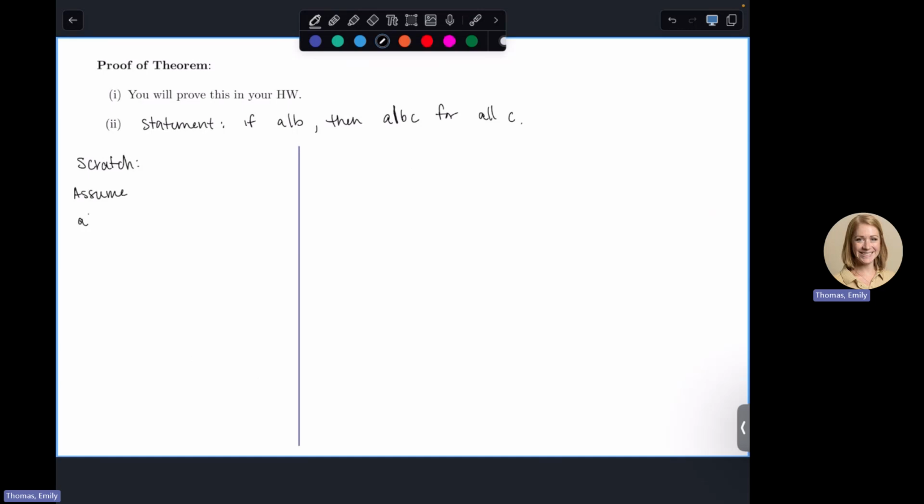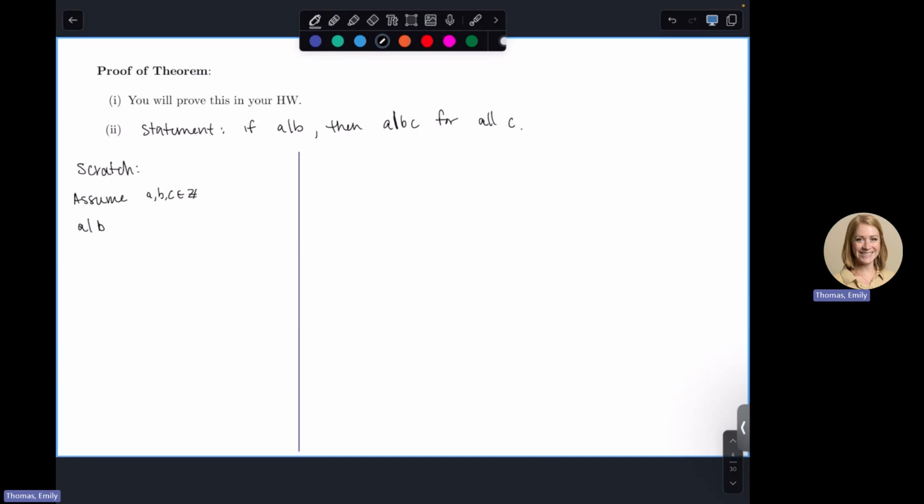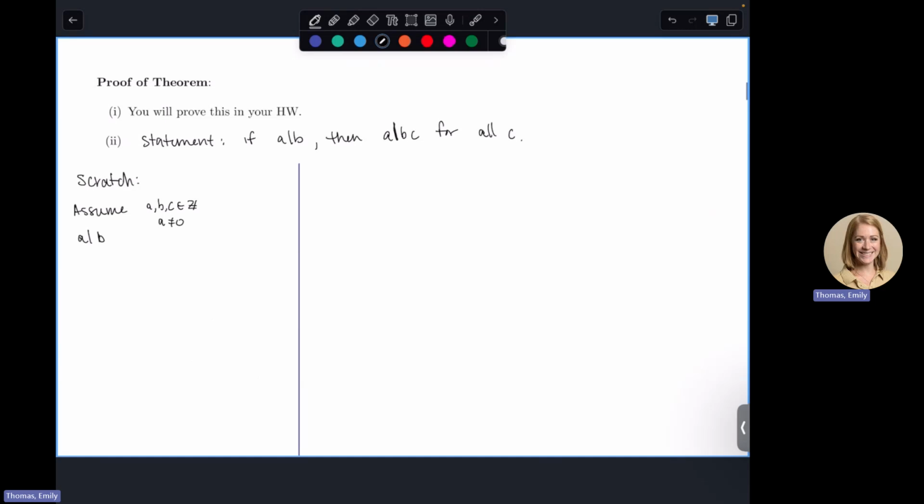We get to assume that A divides B. We get to assume that A, B, and C are integers. And what's not 0? A? I think it's A. Oh, yeah. Okay.